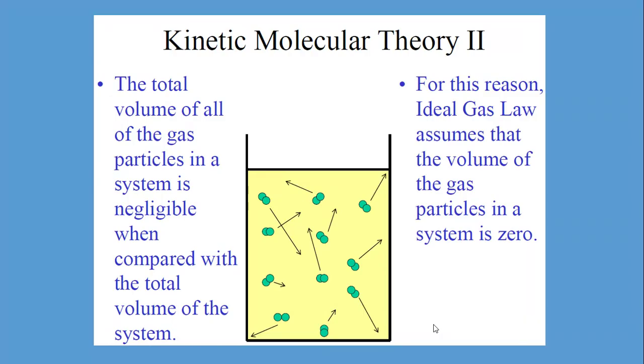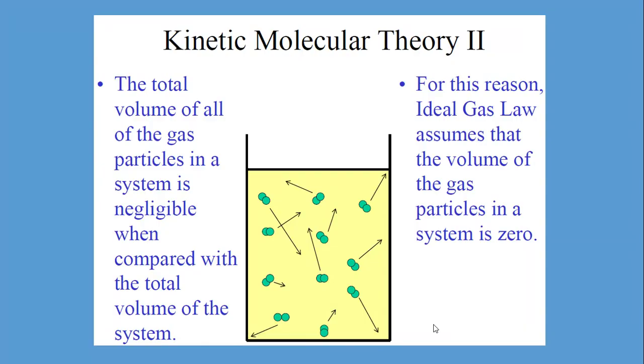The second thing is the total volume of all the gas particles in a system is negligible when compared with the total volume of the system. That's why we really don't say volume of the gas in particular; we say volume of the container that it's in.